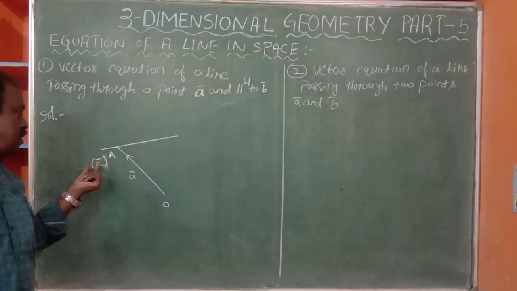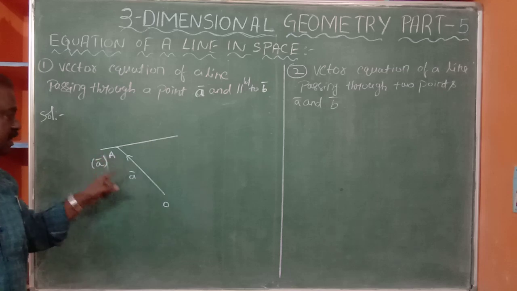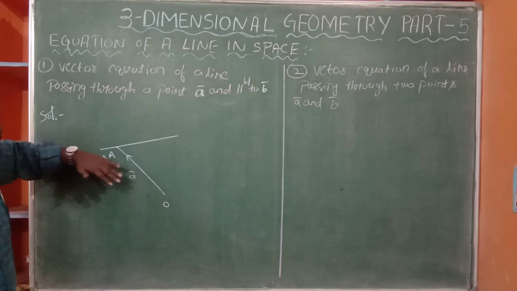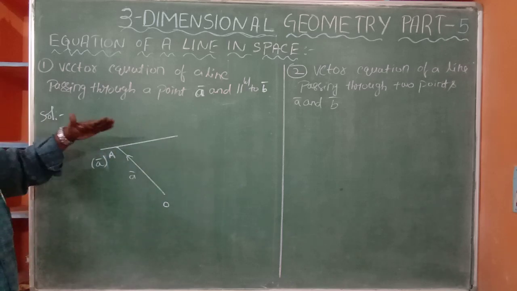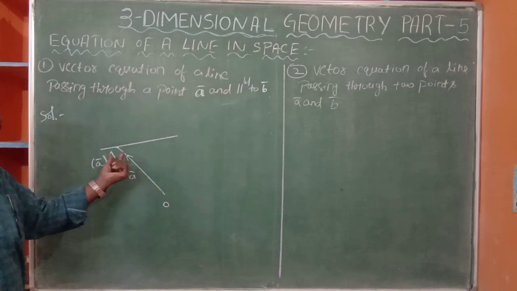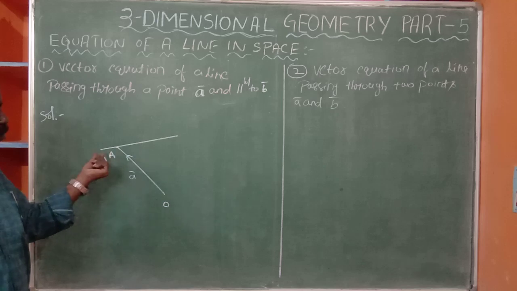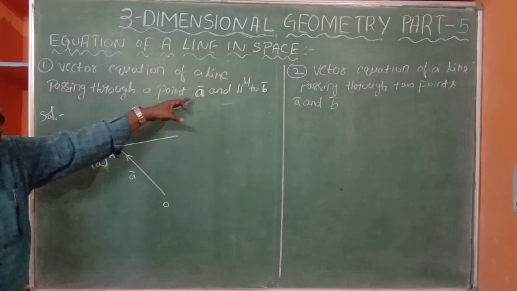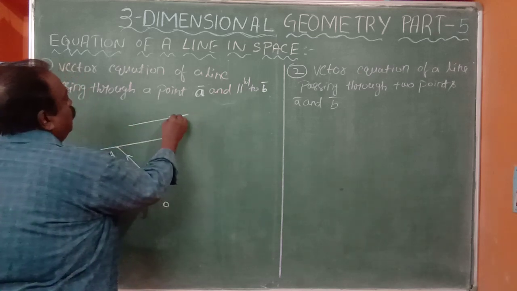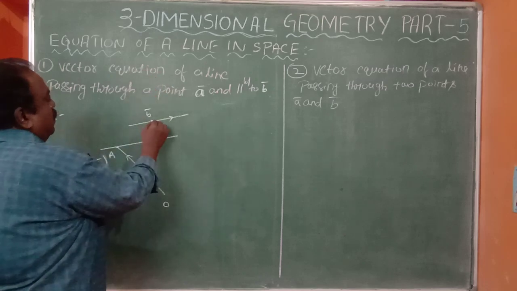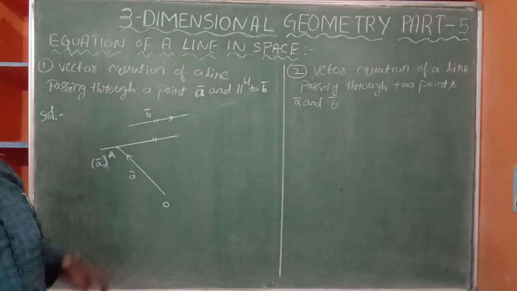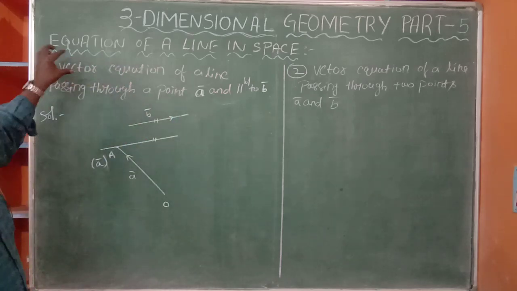Besides the point A, if you write A bar, that is the position vector; it is a notation. This is the required line which is passing through the point A bar. A bar means it is not passing through the vector; it is passing through the point whose position vector is A bar. That is the meaning. And it is parallel to the vector B bar. That is the concept for the line whose equation we are finding.